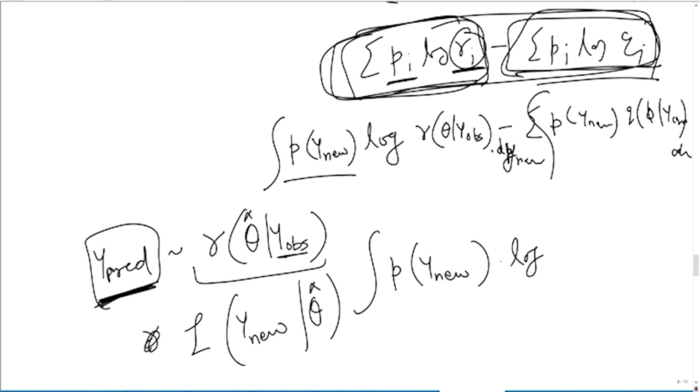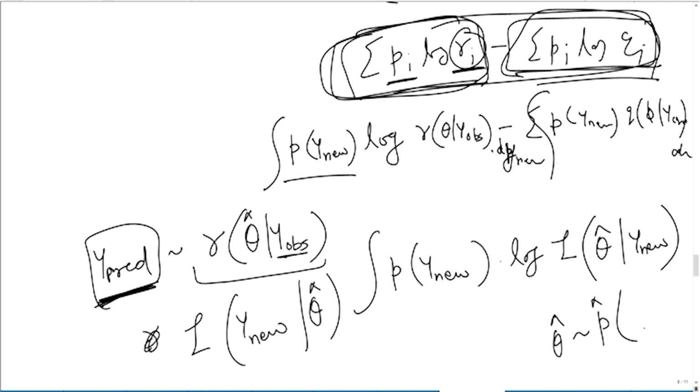So I can write it like this: likelihood of y nu. You can write it in the typical way as we write likelihood of theta hat conditional on, okay, the likelihood that theta hat will generate this new data y nu, such that theta hat comes from the posterior distribution of theta given the training data y obs, and negative of this.